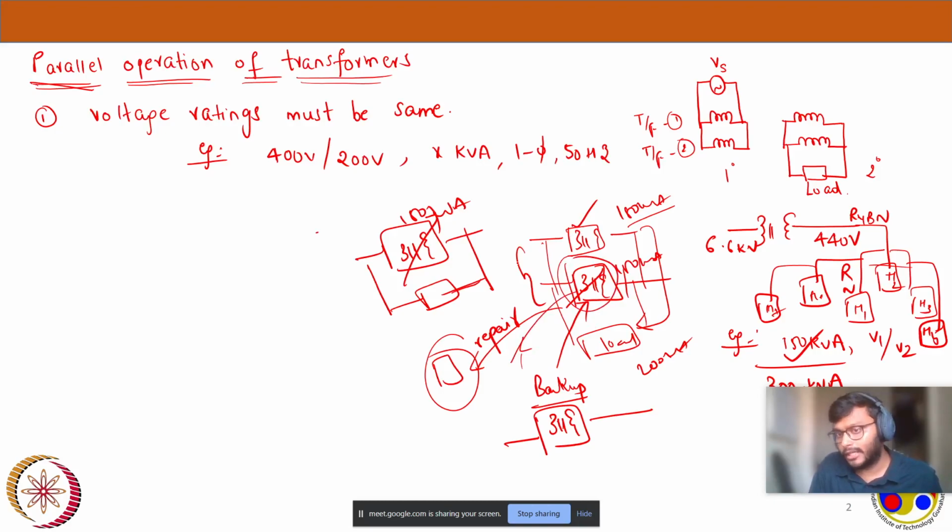Now there is no power interruption. Now I am serving my load 100%. Not even one house is experiencing any power outage. So those are other advantages of parallel operation apart from load sharing. Those are the advantages of parallel operation of transformers.